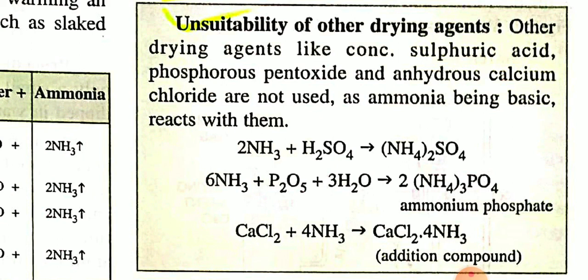Calcium chloride reacts with ammonia NH3 and gives an addition compound, CaCl2.4NH3. As ammonia gas is basic in nature, it reacts with these drying agents. That's why concentrated sulfuric acid, phosphorus pentoxide and anhydrous calcium chloride are not used for drying ammonia gas.